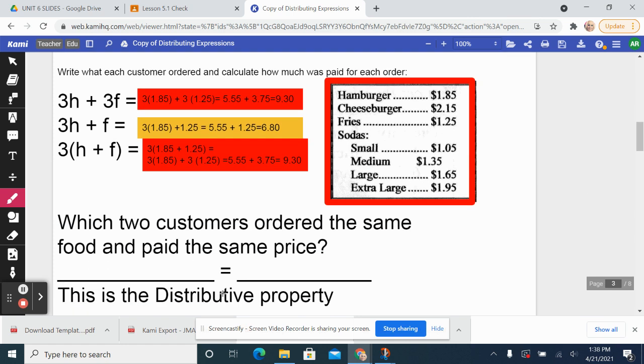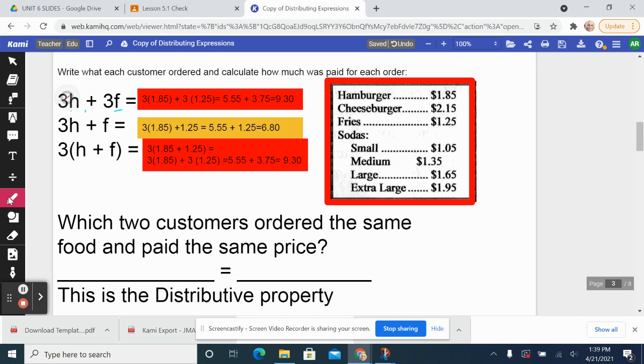Okay, so here's what you're going to be doing to start. It says, write what each customer ordered and calculate how much was paid for each order. So this goes back to the little In-N-Out scenario that we started with at the beginning of this unit, right? You have these hamburgers. And remember that the H stands for hamburger, right? And then the F stands for the fries, right? So what we do is we're going to distribute or we're going to multiply, right?